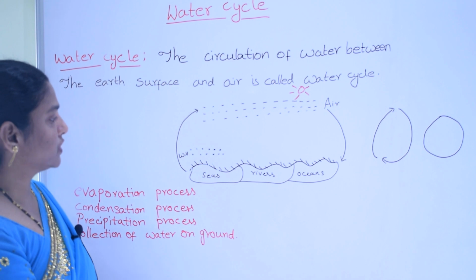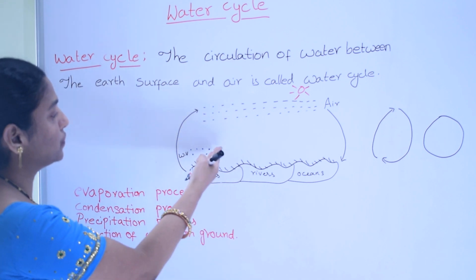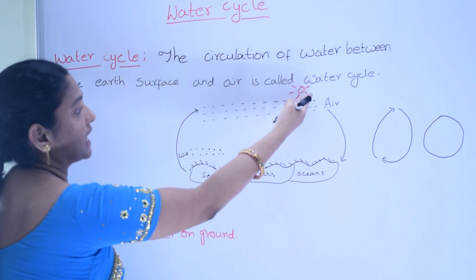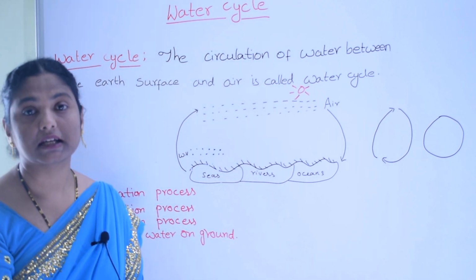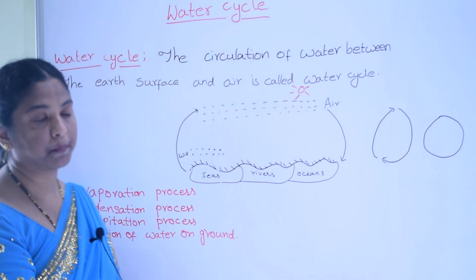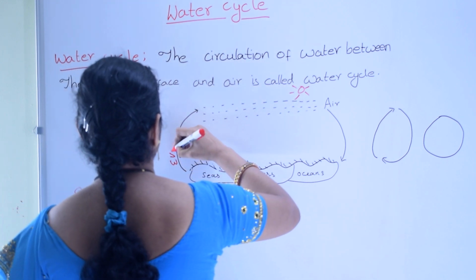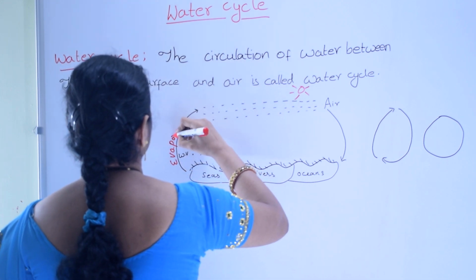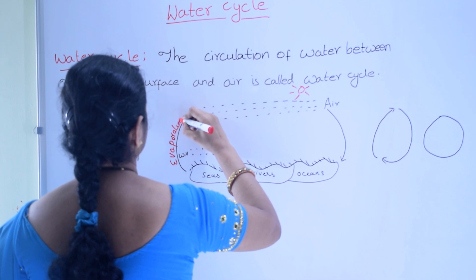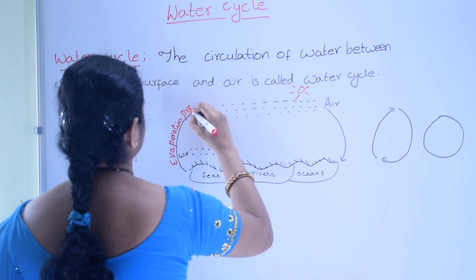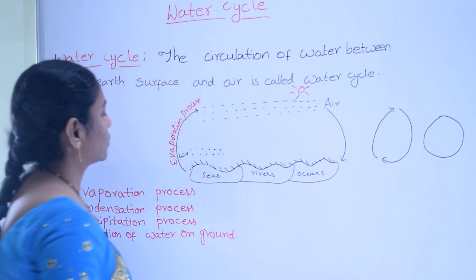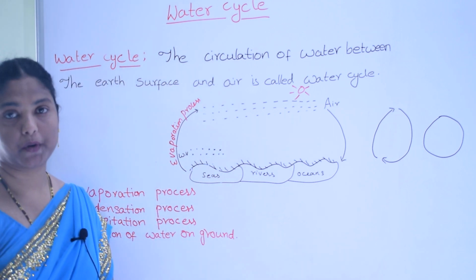So, this process of conversion of water into water vapor by the sun heat is called the evaporation process.